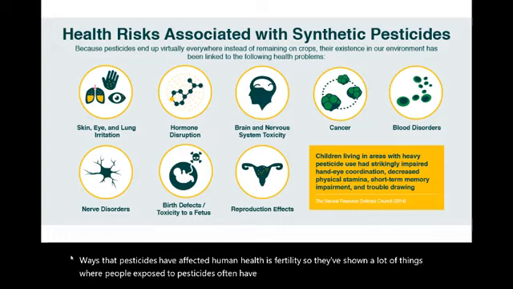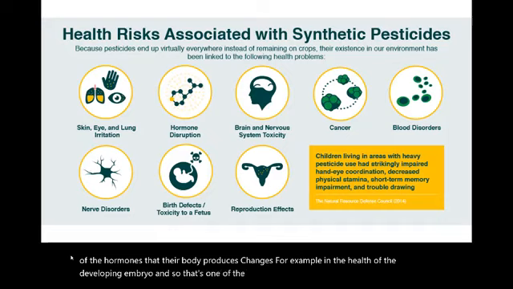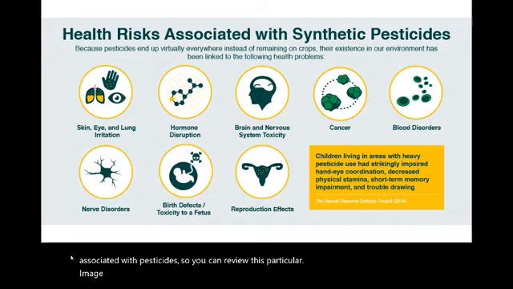They have changes in the quantities of the hormones that their body produces, changes, for example, in the health of the developing embryo. And so that's one of the really dangerous side effects that's associated with pesticides. So you can review this particular image, but you wouldn't be asked any specific questions from this particular picture.